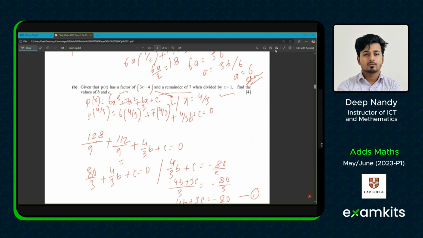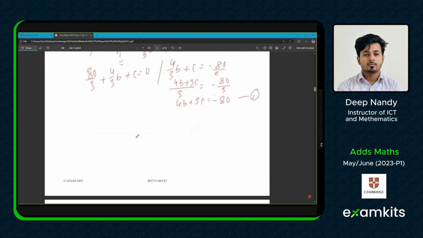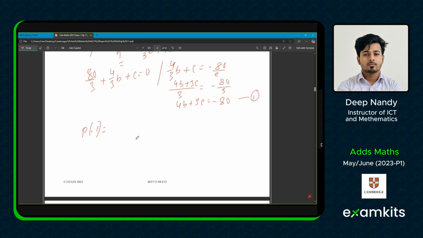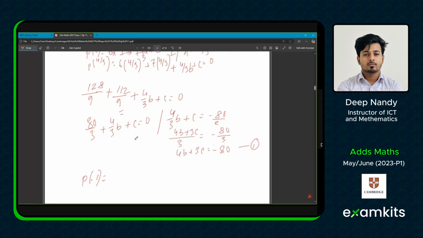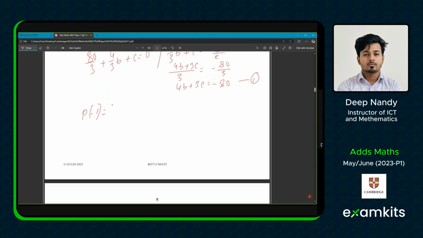So p of minus 1 equals 6 times minus 1 whole cube plus 7 times minus 1 whole square plus minus 1b plus c equals 7, that is minus 6 plus 7 minus b plus c equals 7.